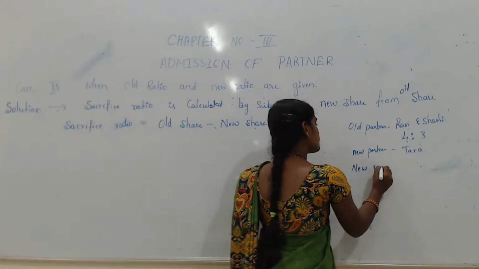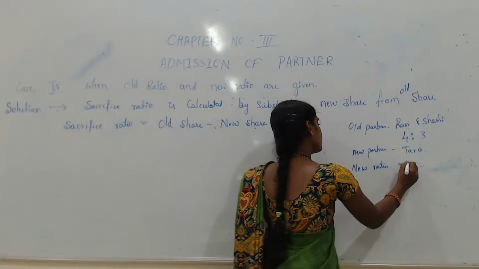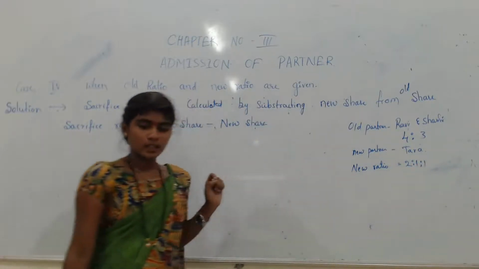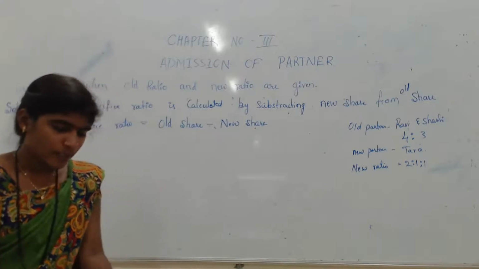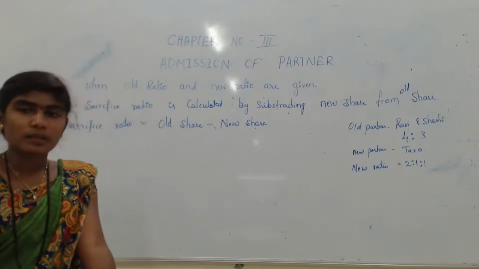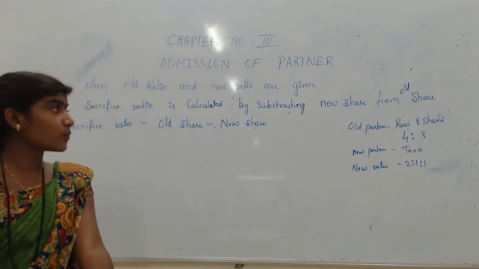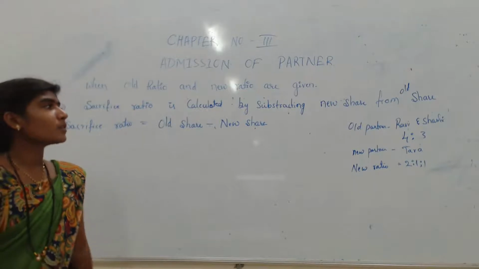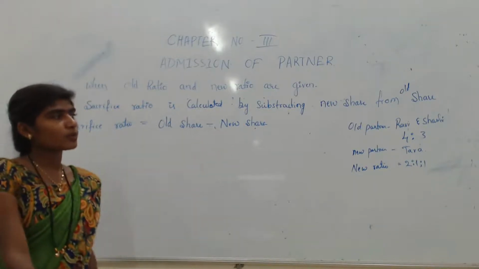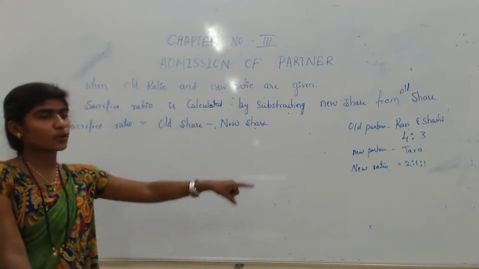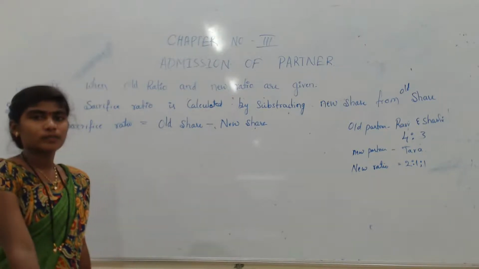The new ratio is equal to 2:1:1. Now calculate the sacrifice ratio for the old partners, meaning the sacrifice ratio for Ravi and Shashi. So here there are only two pieces of information, no? The old ratio of the old partners and the new ratio of all partners.